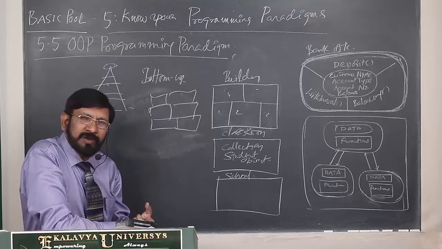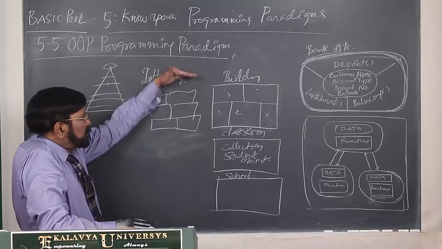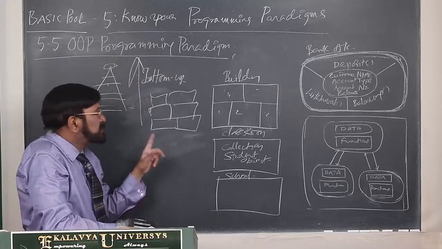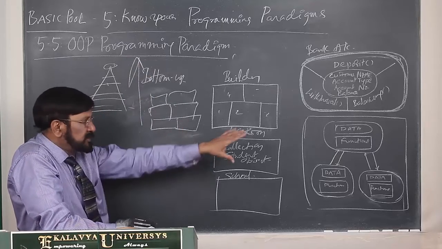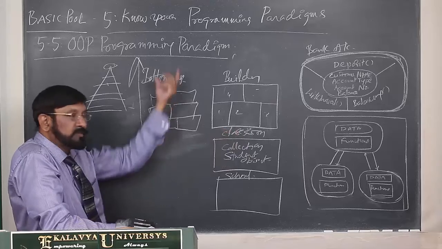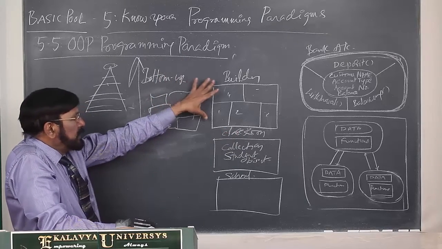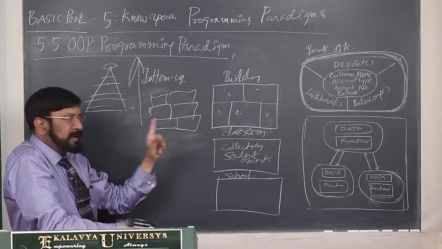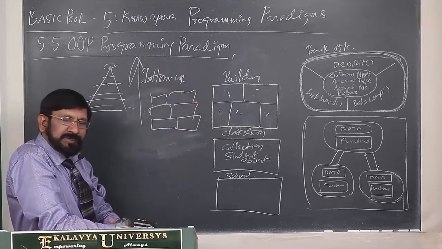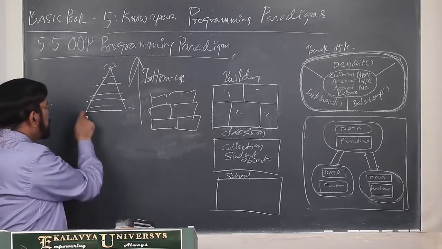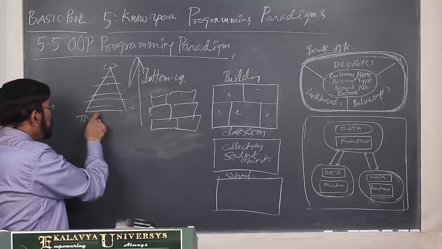Object is the building block. By composing objects we are constructing things, a structure. That's why this design pattern is called the bottom up approach. From object to object we pile up and compose, and ultimately we develop a structure. In the other, from top to bottom we come. That's why it is called the top down modular approach.